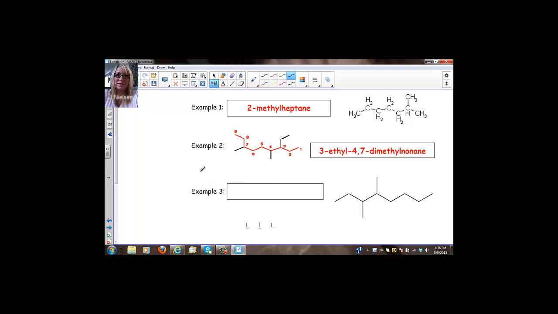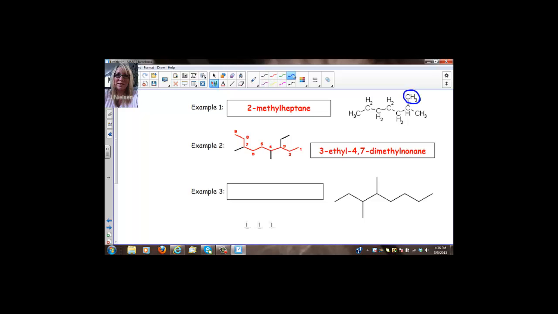Here we go. So, I have 1, 2, 3, 4, 5, 6, 7. Here is a CH3 group. I don't want to number this chain from left to right because my methyl group has the number 6. So I'm going to renumber this from right to left.